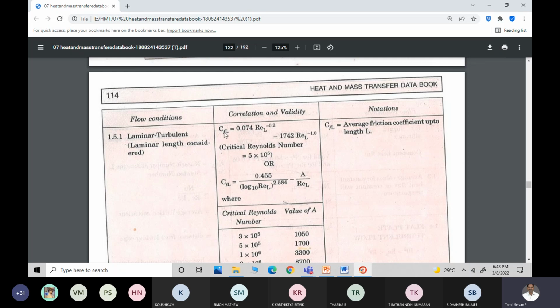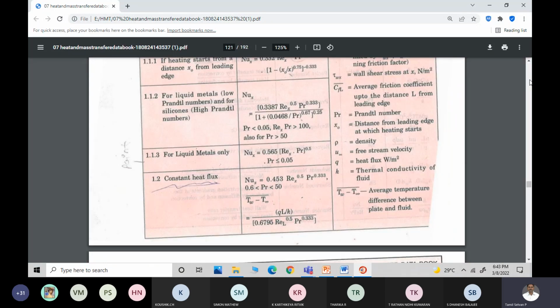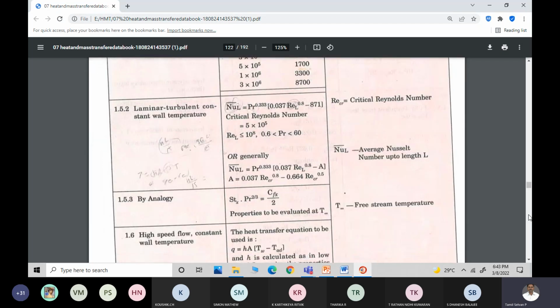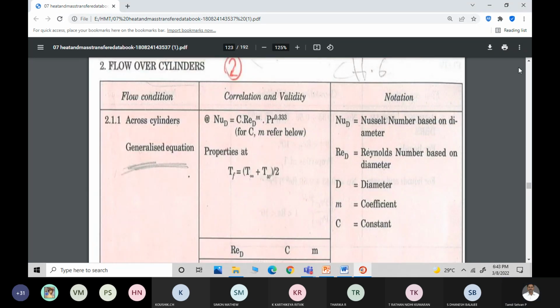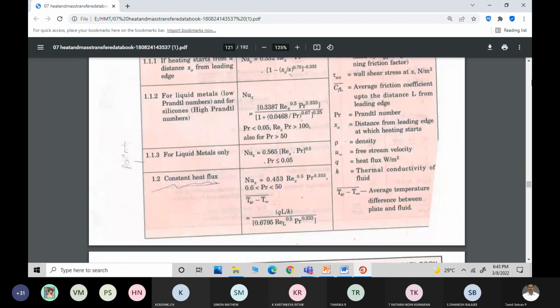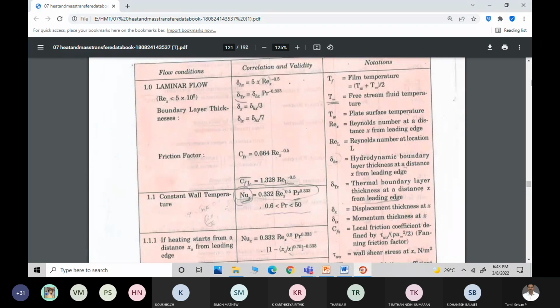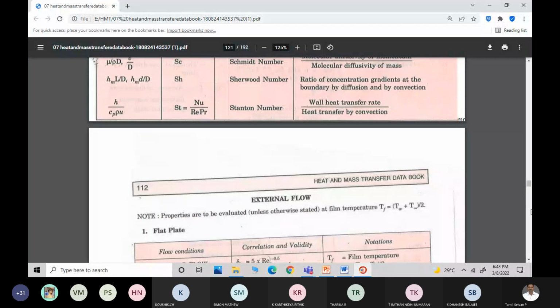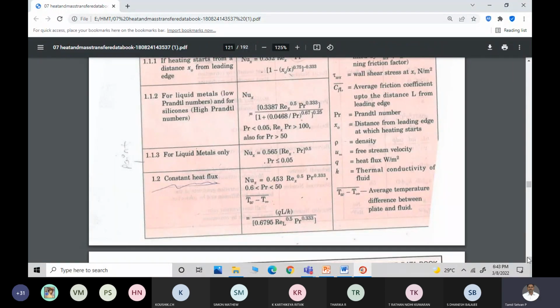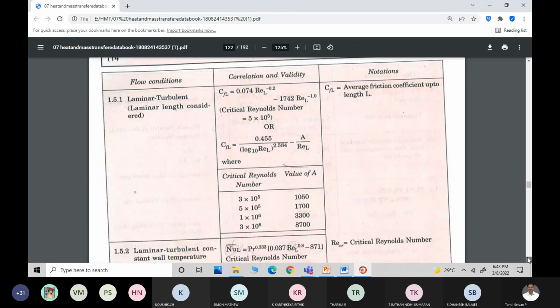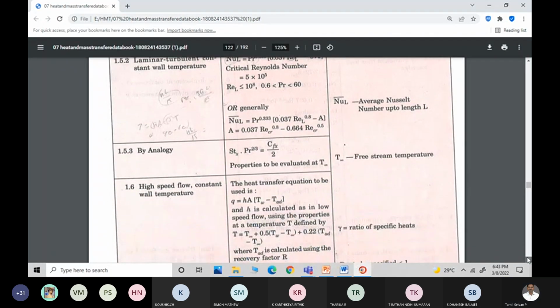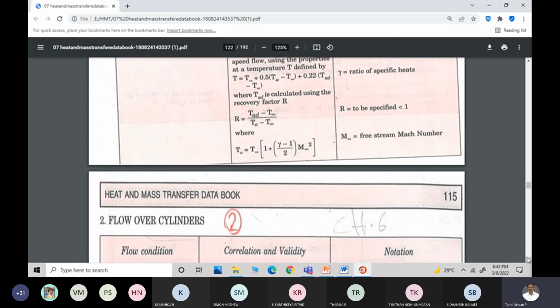You should not use this formula for this particular problem, because this is laminar turbulent combined, and similarly you should not use the fully turbulent one from the edge, constant wall temperature.